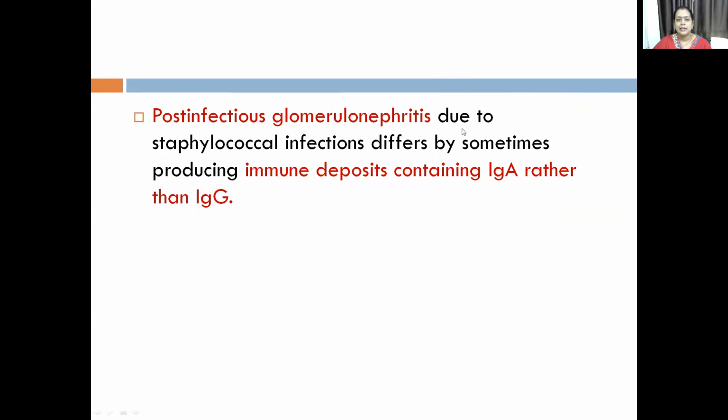So this type of post-infectious glomerulonephritis, produced due to staph infection, differs by the immunodeposits, which are IgA rather than immunoglobulin G. Remember that. IgA rather than immunoglobulin G.